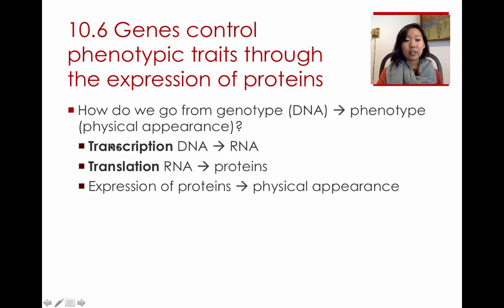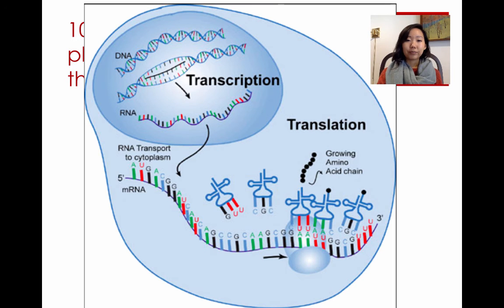There's something called transcription, which is when DNA becomes RNA, and then there's a process called translation, which is when RNA goes outside of the nucleus and then is read and turned into proteins at the ribosomes. And afterwards those proteins are what leads to your actual physical appearance. So we're going to go more in depth with these two processes, transcription and translation.